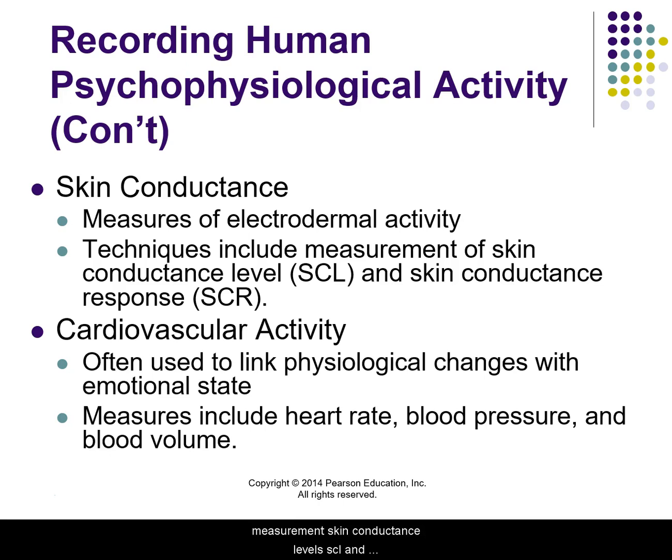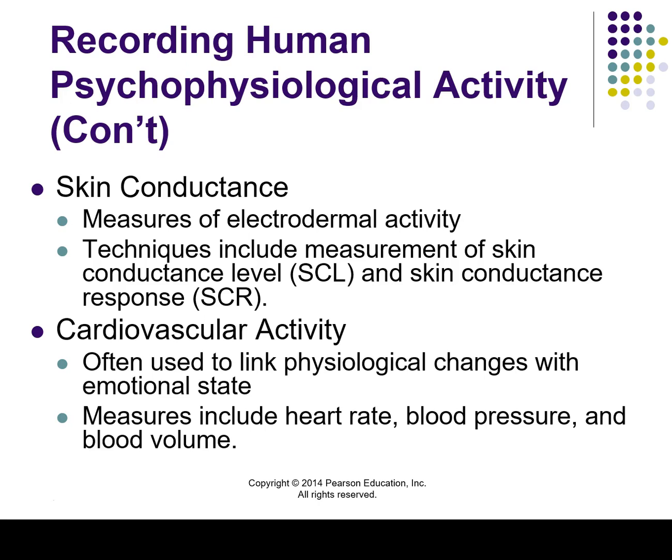Measurement of skin conductance level is SCL, and skin conductance response is SCR. So you would assume that somebody who is in pain or anxious might be sweating more from the palms of their hands, and so this level would be higher. If you can get them to relax, then less sweat, less supposed anxiety.